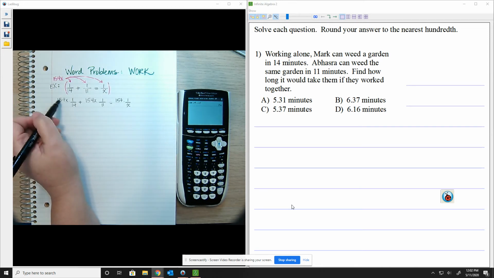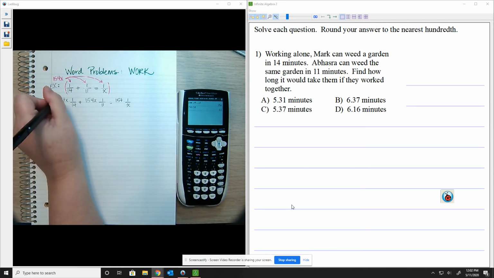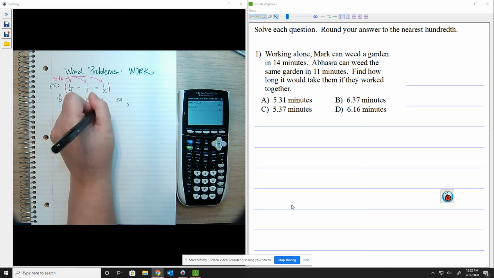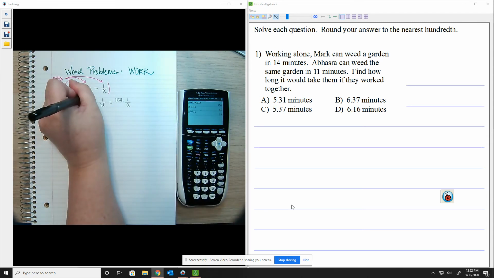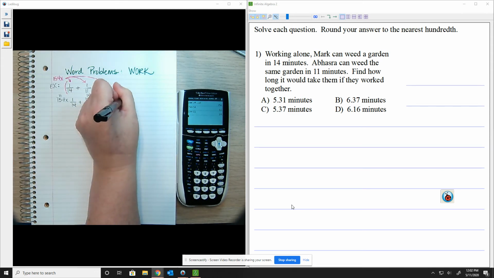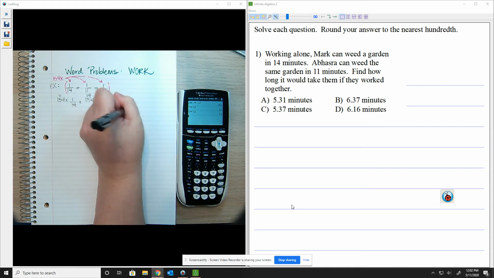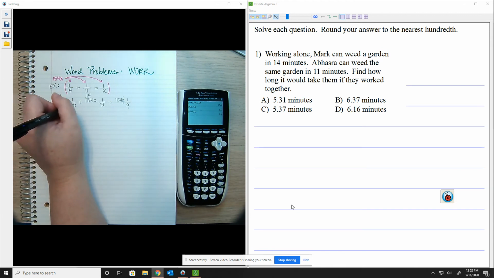Now I need to figure out what 154 divided by 14 is. 154 divided by 14 equals 11. 154 divided by 11 equals 14. And I'm sorry, this should say 154x. The x's here eliminate. This happens for a reason, and you'll see that in the next problem.